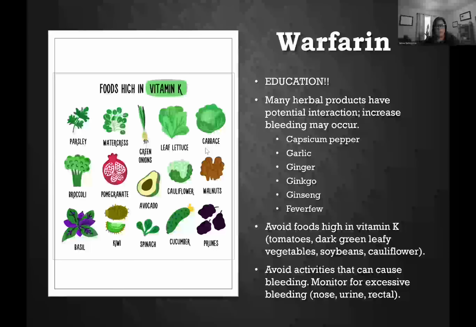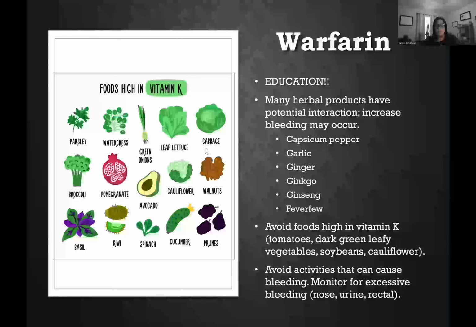You have some other vegetables that are not green, but your main ones are going to be your green ones. Not only is it foods, but also herbal products. They increase the bleeding risk for the patients while taking warfarin, such as garlic, ginger, ginkgo, and ginseng.